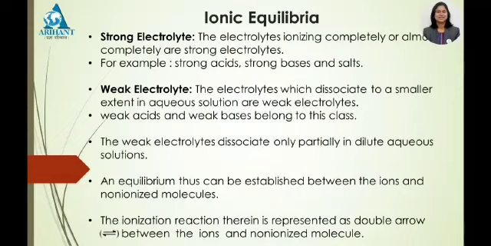You can see in the bracket, the upper arrow is a forward arrow, and below you can see the backward arrow. So this is called a double arrow between the ions and non-ionized molecules.